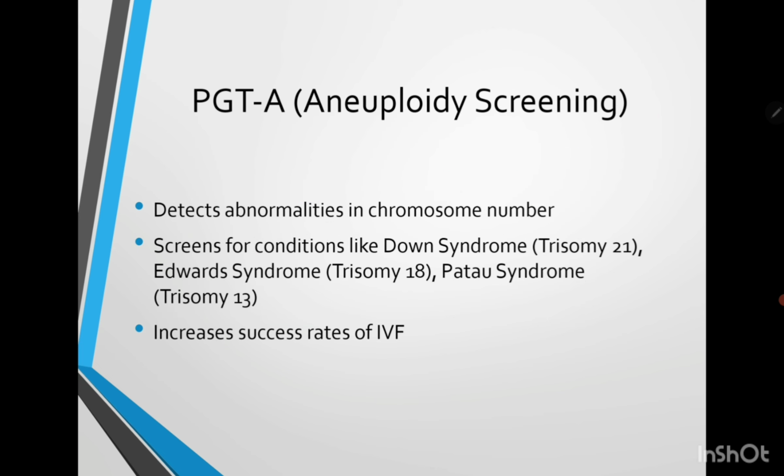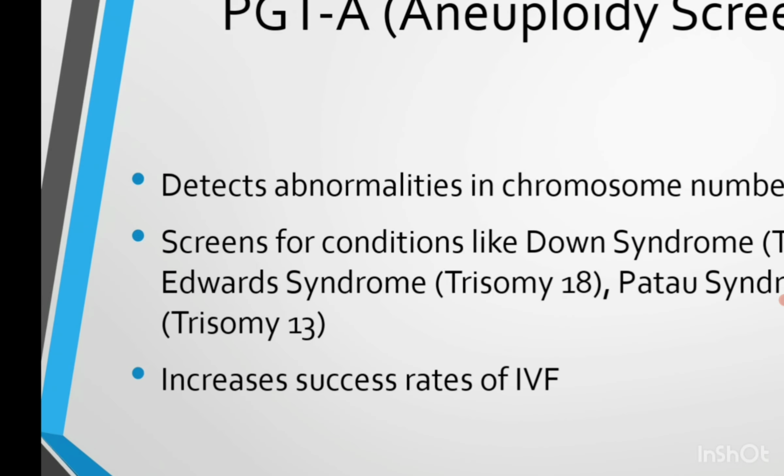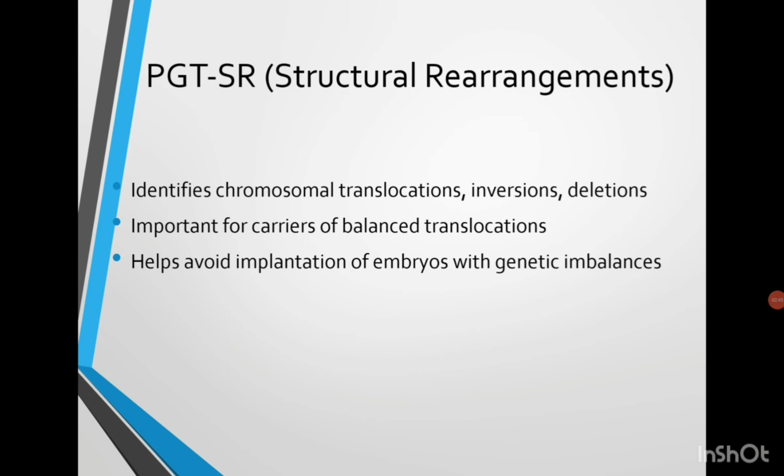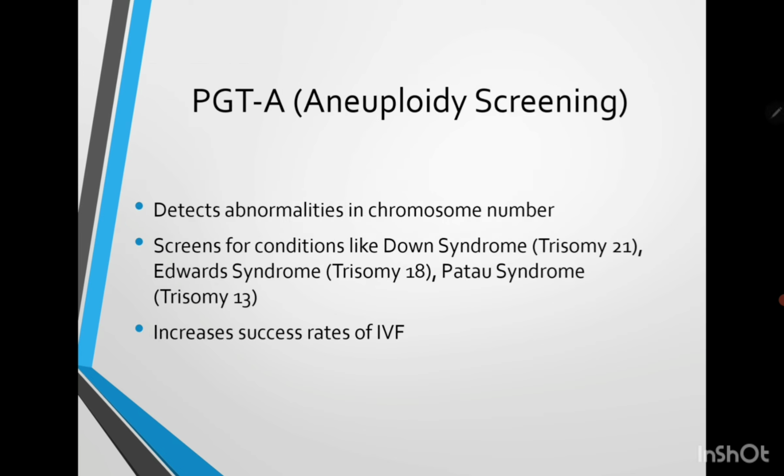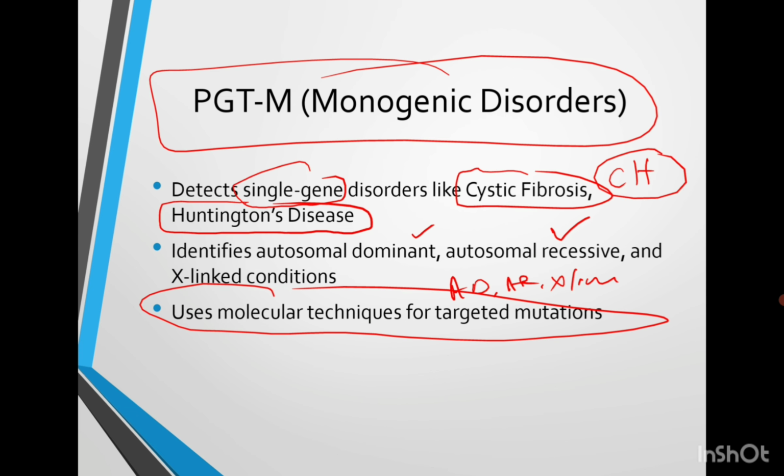So PGT-M is your monogenic disorder test, it detects single gene disorders like Huntington chorea and cystic fibrosis, identifying autosomal dominant, recessive, and X-linked conditions. Molecular techniques are used for targeted mutations.